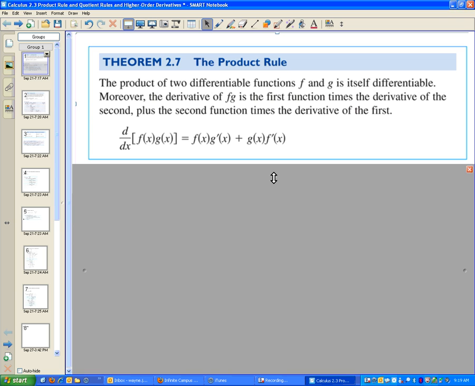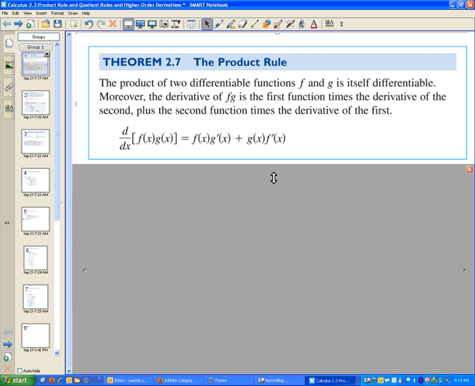Okay? So here's what the product rule says. The product of two differentiable functions, f and g, is itself differentiable. In fact, that's true if there's 3 differentiable functions or 74 differentiable functions. As long as all the functions you're talking about are differentiable, the product of them is also differentiable.